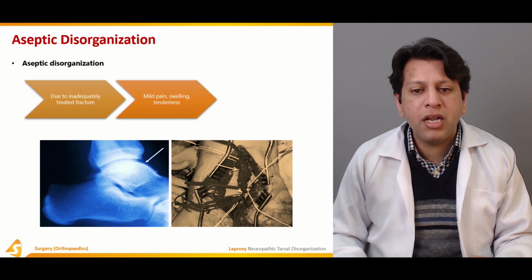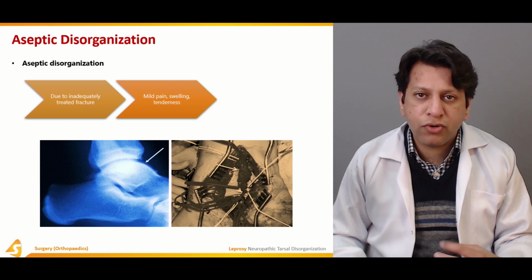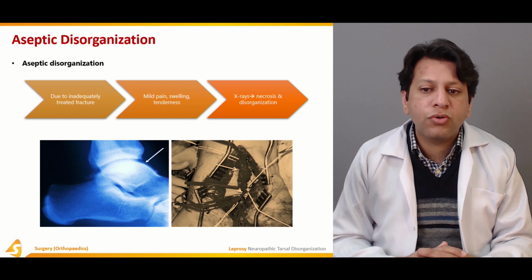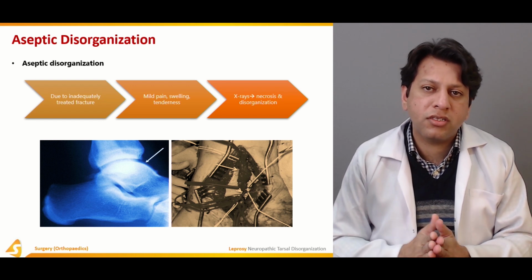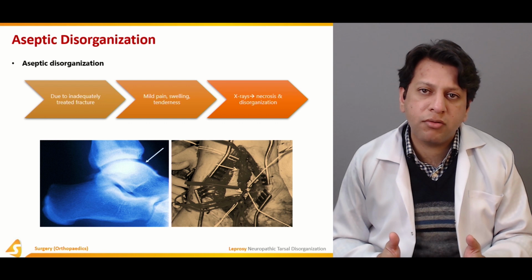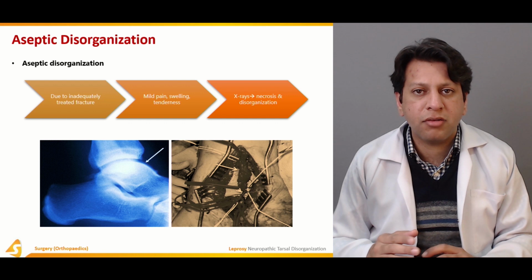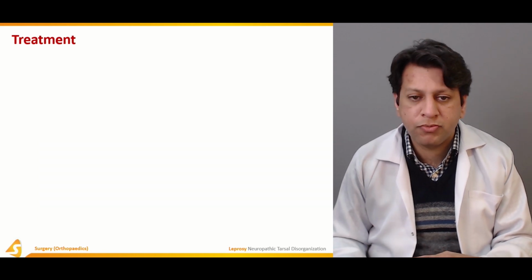This could lead to mild pain and swelling and tenderness over the foot area, especially the dorsal surface. X-rays usually show necrosis and disorganization, that there is increased joint space between these bones, and they may be oriented in a 3D plane differently as compared to a normal X-ray of the foot.